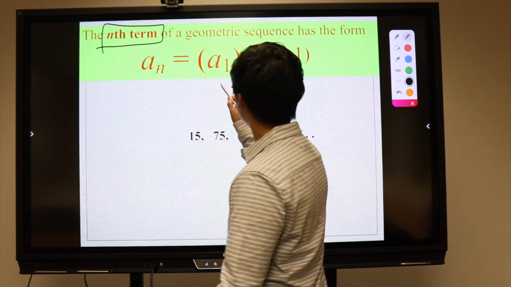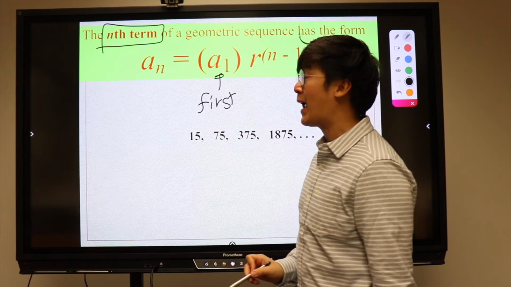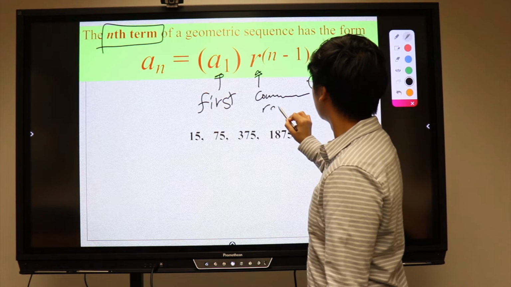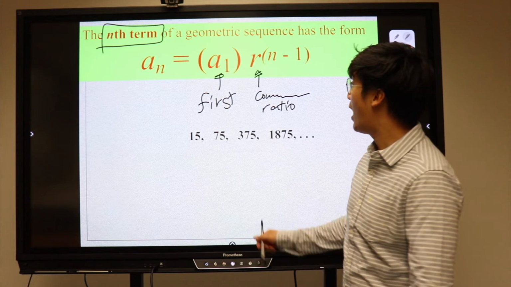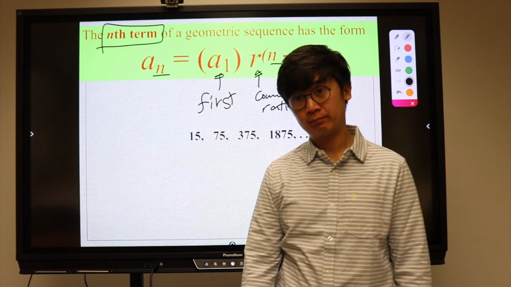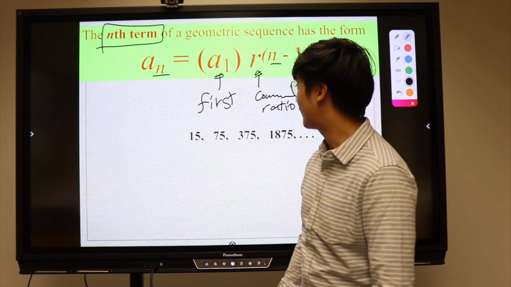We need a sub 1 and r, and that's all we need to figure out. Why? Because the n will stay the same.